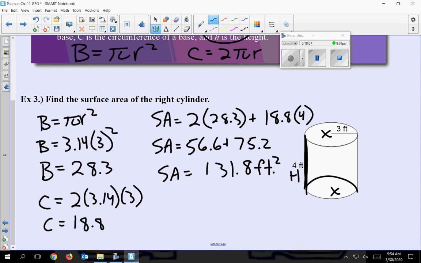Okay, so multiplying those two pieces up and then adding them together, and I'm rounding everything to the tenth, and they gave us units as feet, so feet squared. Okay.